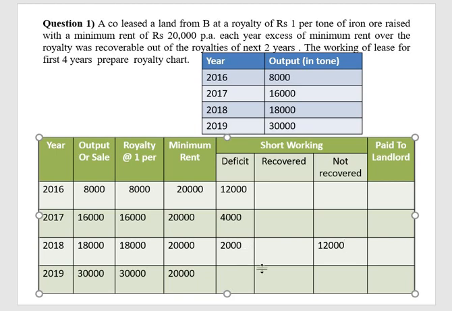So 10,000 minus 4,000 gives 6,000. In that 6,000 we again have to recover 2,000. To recover 2,000, next 2019 is there, but right now we have sufficient profit to recover the 2018 amount. So we only have to recover 6,000 rupees.